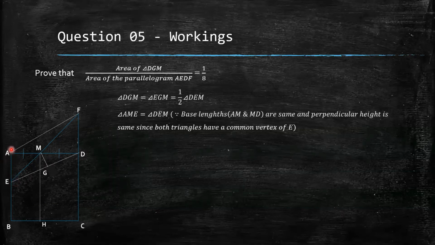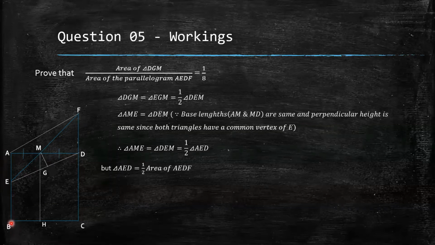Therefore, base lengths are equal, the perpendicular heights are equal, thereby the areas will be equal. And therefore, the area of the AME triangle equals the area of the DEM triangle. It can be written as half of this AED triangle.